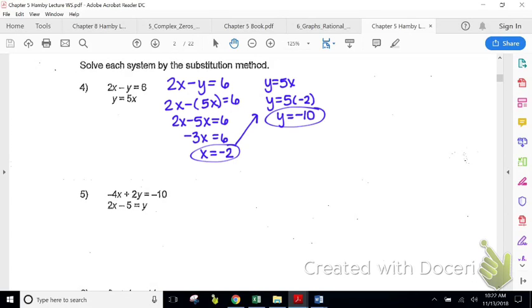And if I know x and I know y, then my solution is what? Good. Now, how can I make sure that solution is correct? Plug it in. Yeah, I can do what we just did on number 3. We can plug it in and make sure it makes both of them true. And it does.